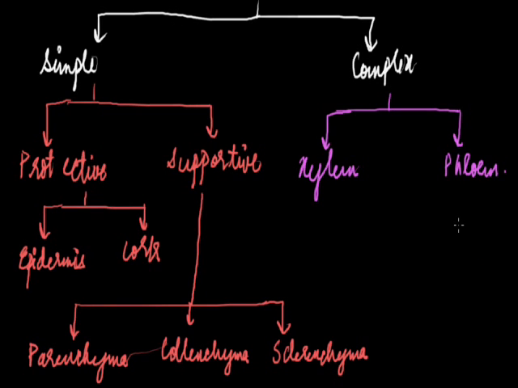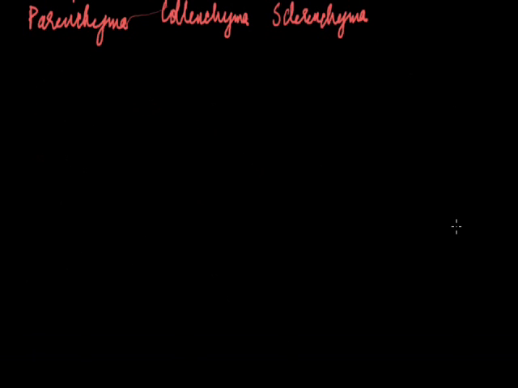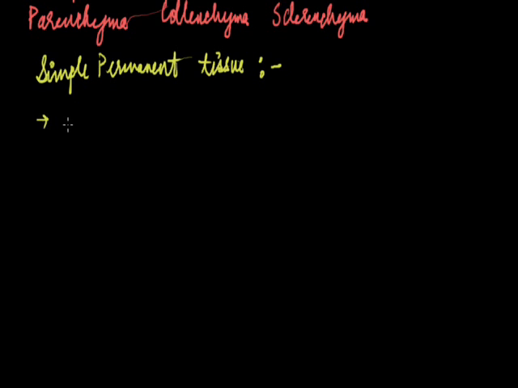Now we are going to discuss these one by one. First we will discuss about the simple permanent tissue. Why these are being called as the simple permanent tissue? Because these have common origin and these are made up of single type of cell.